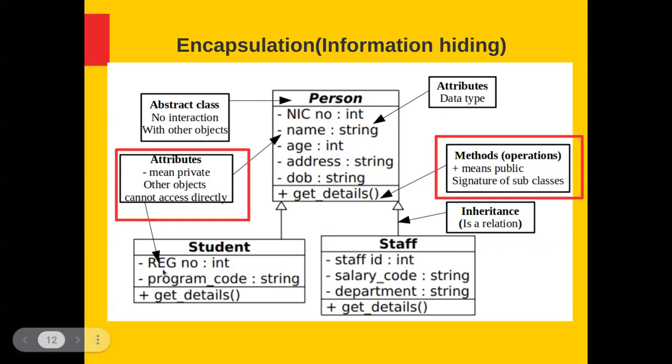Student has registration number, program code, but student also has these attributes: NIC number, name, age, address, date of birth, like that. Staff also has these attributes, but staff ID is not available for the student.